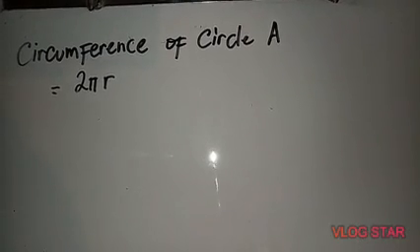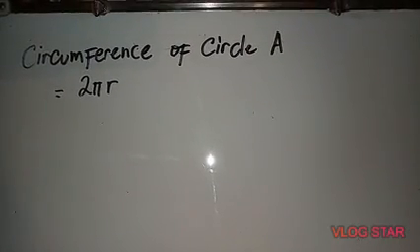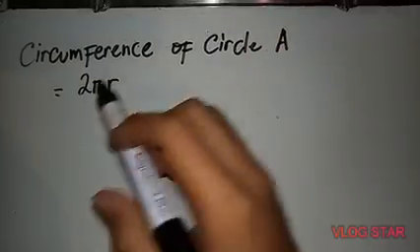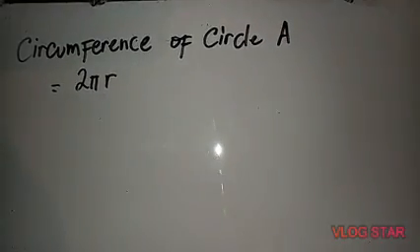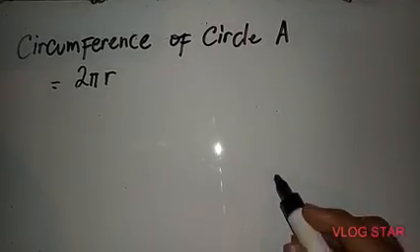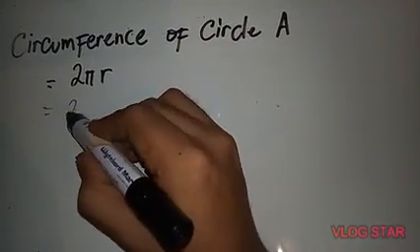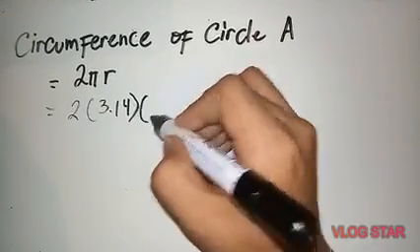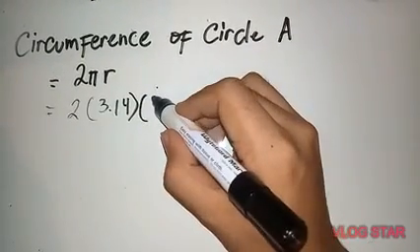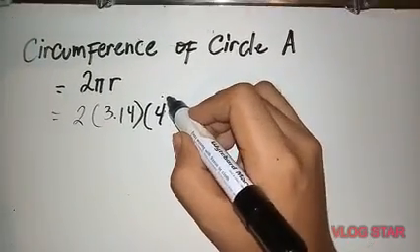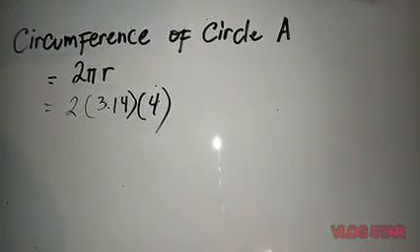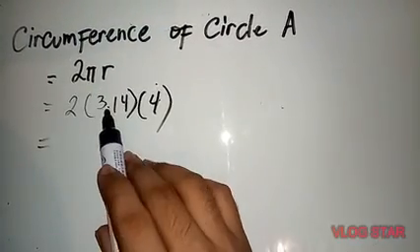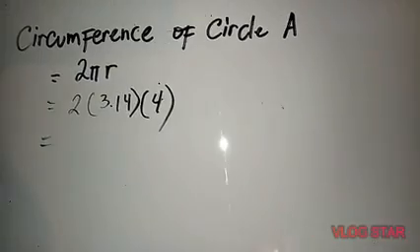Since the given in the first circle is the radius, we can use the formula of circumference, 2 pi r. So let's write 2, then the value of pi, which is 3.14, times the radius, which is 4. Then simply multiply 2 times 3.14 times 4.